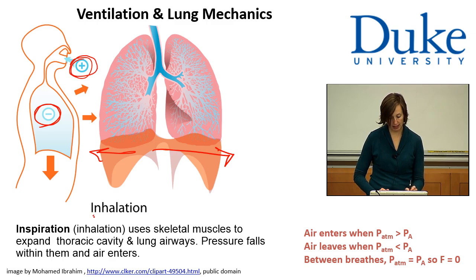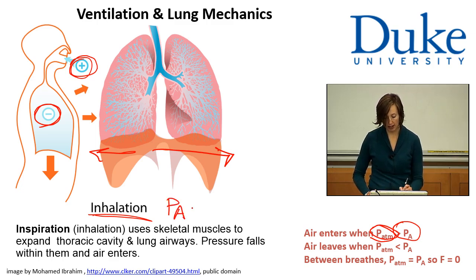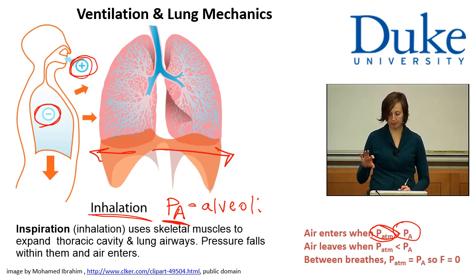So that's inhalation, negative pressure breathing, and air is going to enter when the pressure outside in the atmosphere is greater than the pressure in the alveoli. So P capital A refers to the pressure in the alveoli. We're going to be using this abbreviation a lot, so it's good to get used to it.